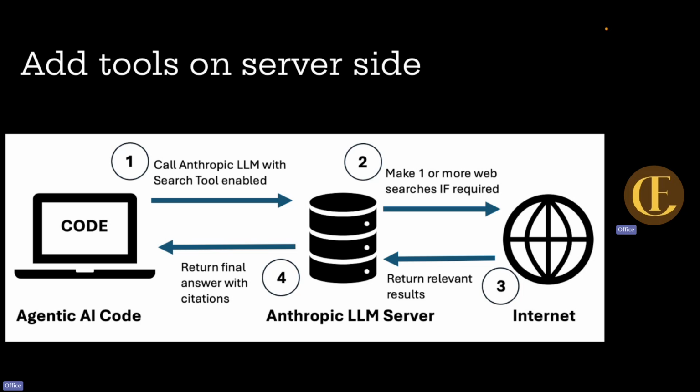So when I said earlier that LLMs have their cutoff date, Anthropic themselves have added, I believe, as of now, 3 tools. On the LLM side, they are saying that you don't bother about going ahead and searching the internet. We will do it for you. You just make an LLM call, we'll do the internet search if we determine that it is required, and then we'll give you the response.